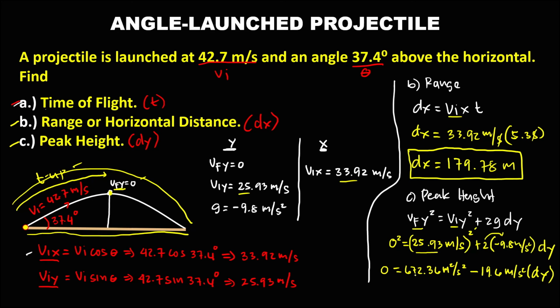Then to solve for the peak height, transpose this 672.36 to the other side.